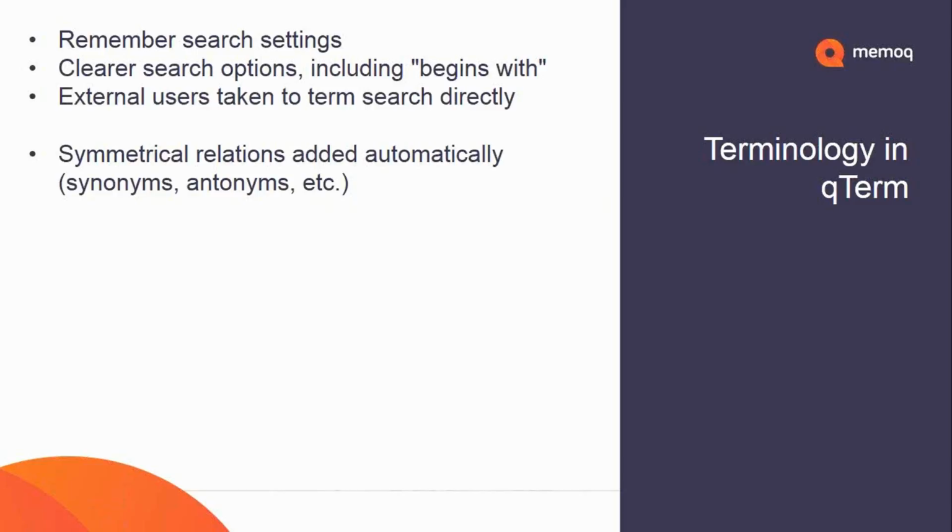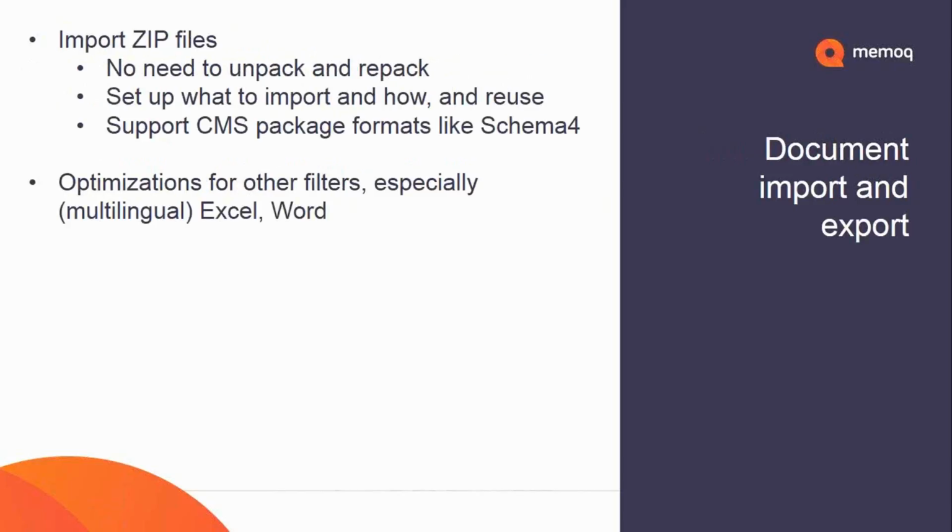With document import and export, I think this is typically a section that I include every time I talk about a new feature release, but I think this is somewhat special because we are starting to support zip files.